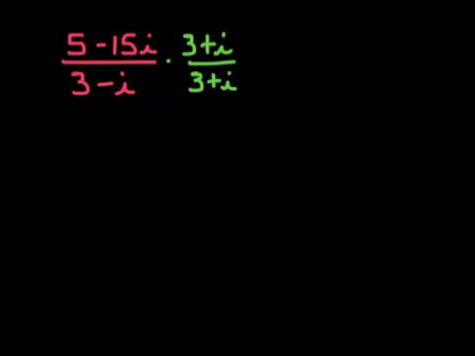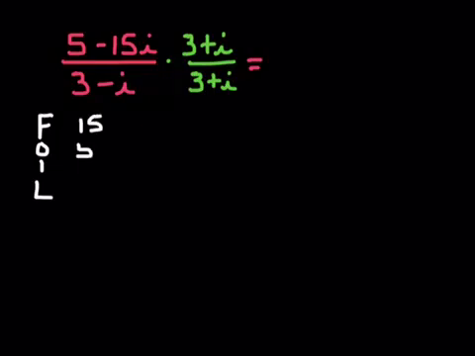This accomplishes getting rid of the i in the denominator. So in the top, we have a binomial times a binomial. So I'm going to do my FOIL step over here. 5 times 3, 15.